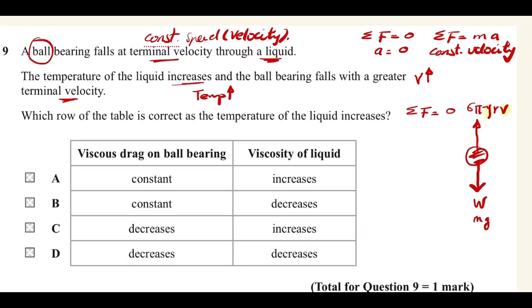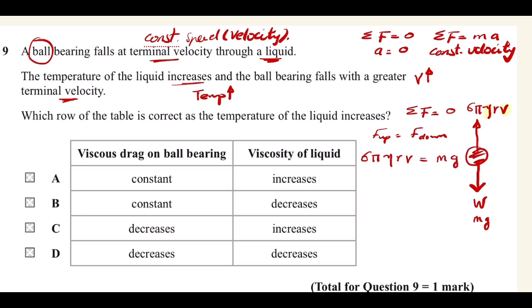The sum of forces is 0 because the examiner said terminal velocity, constant velocity, so the sum of force is 0, so the force which is upward equals the force which is downward. So upward we have 6 pi eta rv equals downward force which is mg.